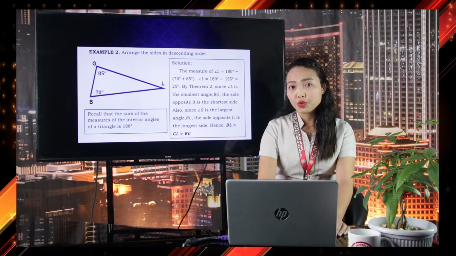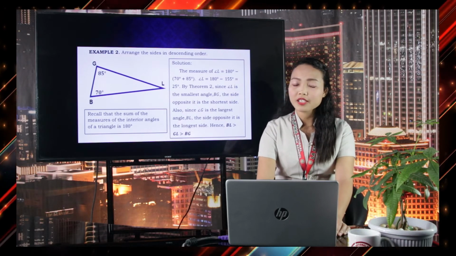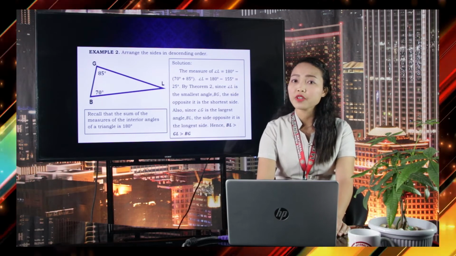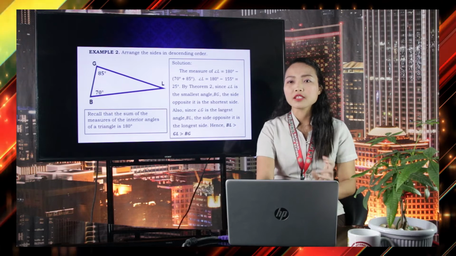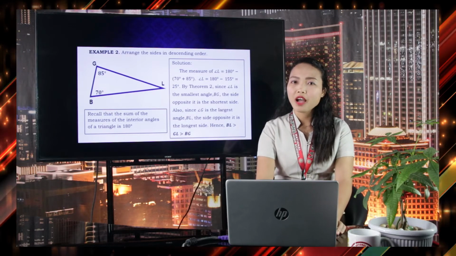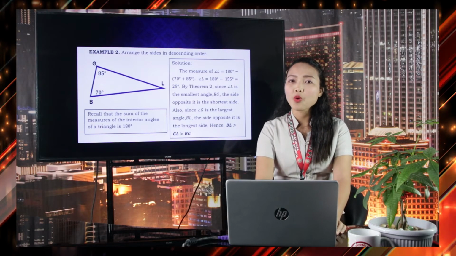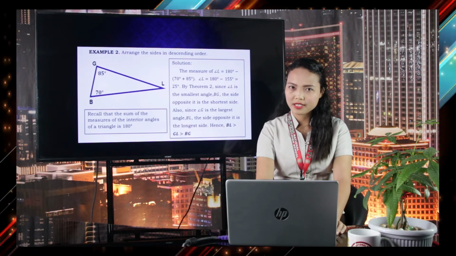So what will you do? The first thing to do is find the value of angle L. We recall that the sum of the interior angles of a triangle is equal to 180 degrees.